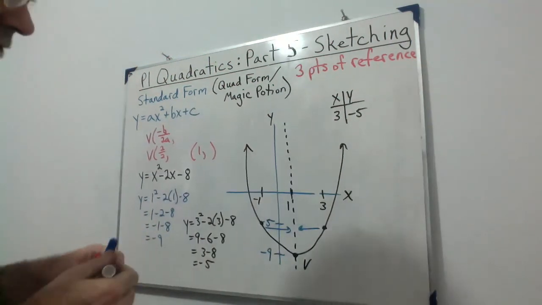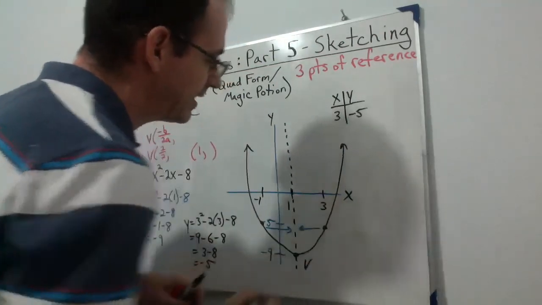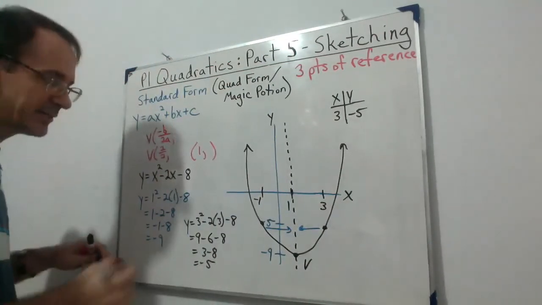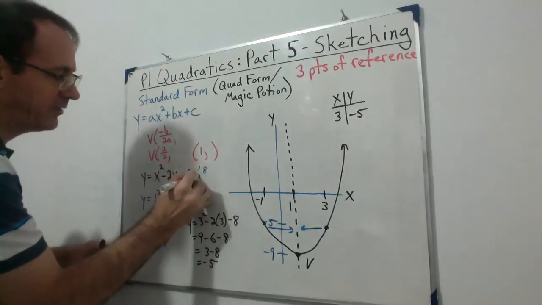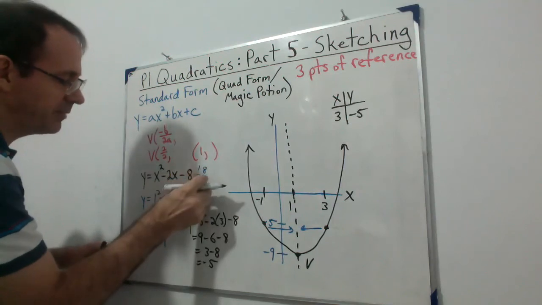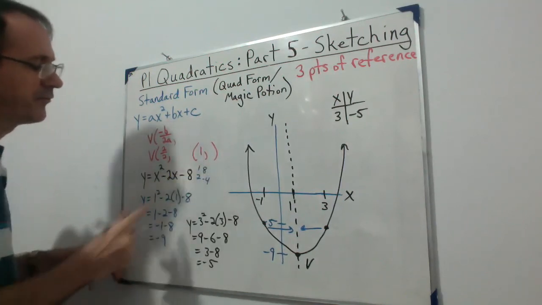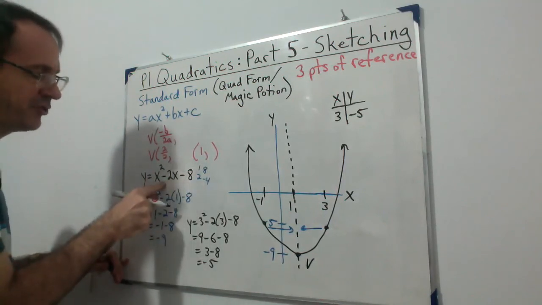And if you notice where it's crossing the x-axis, this actually can factor. Factors of 8: 1 and 8, 2 and 4 that subtract to give you negative 2. Well, that's going to be 2 minus 4 gives you a negative 2.